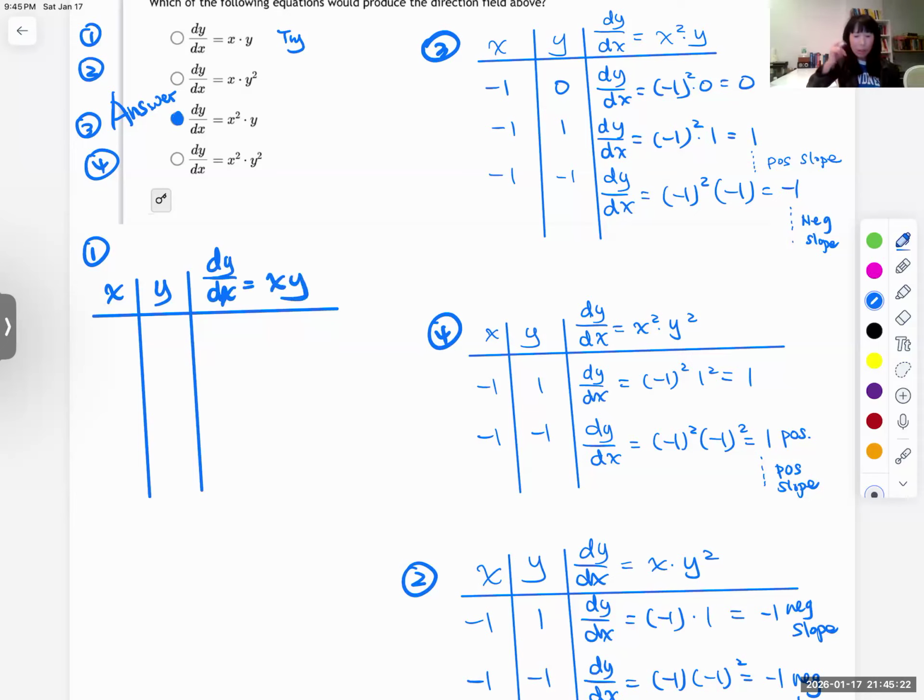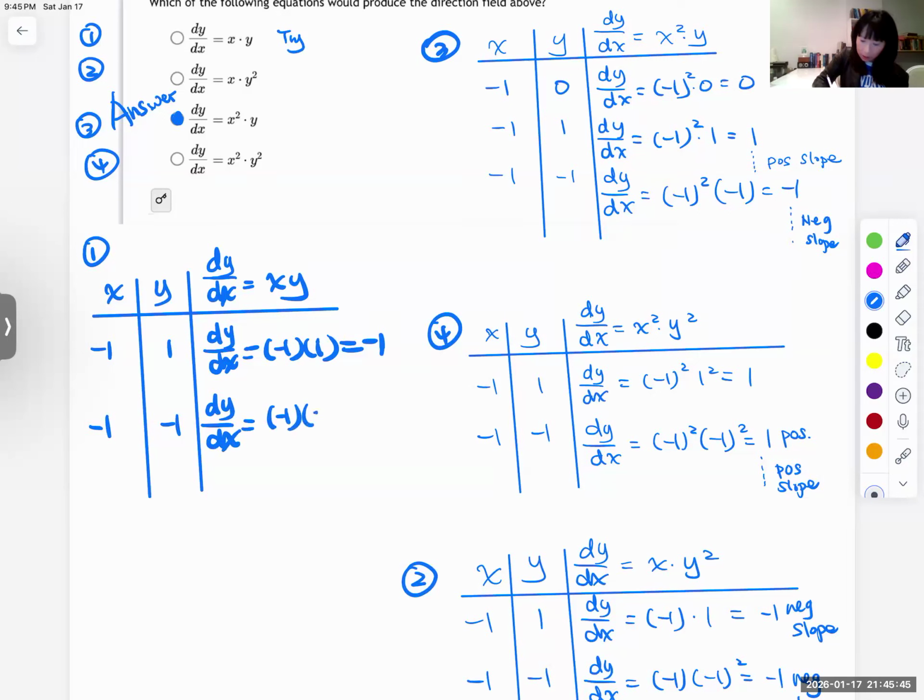The first one, let's find out negative 1, 1. The slope will be negative 1 times 1, which is negative 1, right? It's a negative slope, 45 degrees. How about negative 1 and negative 1?